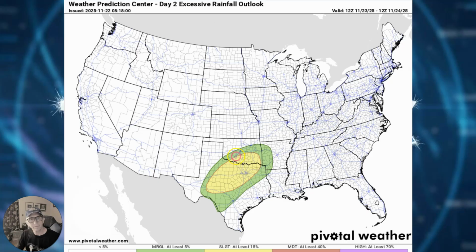For tomorrow, heavy rainfall expected in Texas again, surrounded by marginal risk with a slight risk here. So this is a flooding risk chances, right? Within 25 miles of a point. Refresh this. That moves further to the east, slight risk, marginal risk here. This is the 24th, which is Monday.